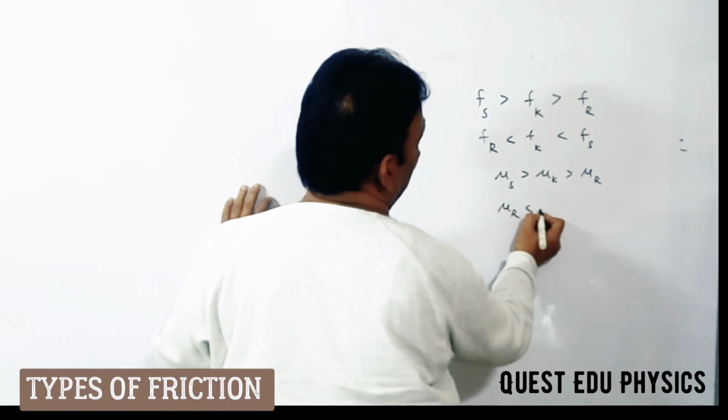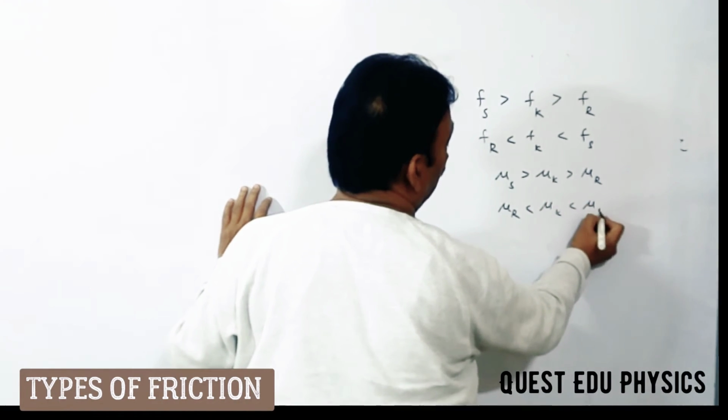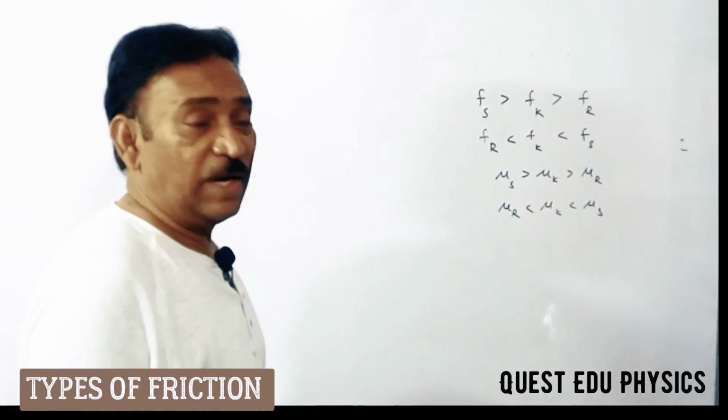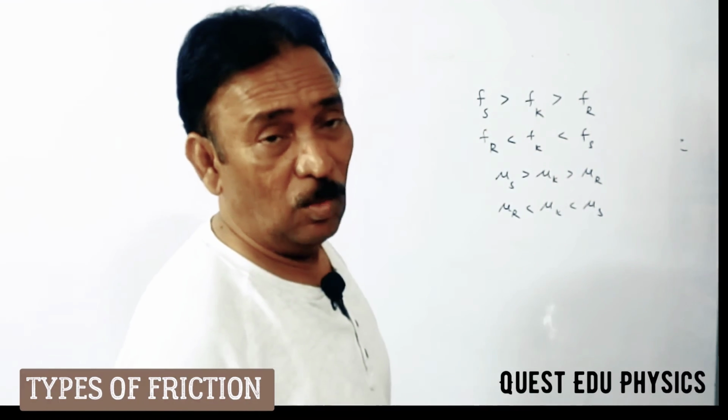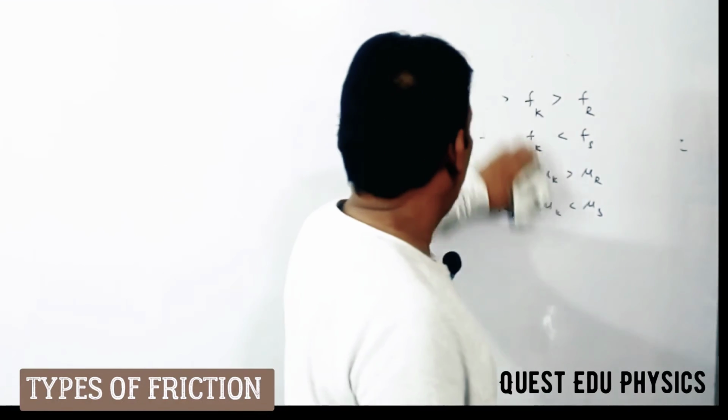Mu r is less than mu k is less than mu s. We can relate these coefficients of friction in this way. My intention is that static frictional force is always more than the other frictional forces.